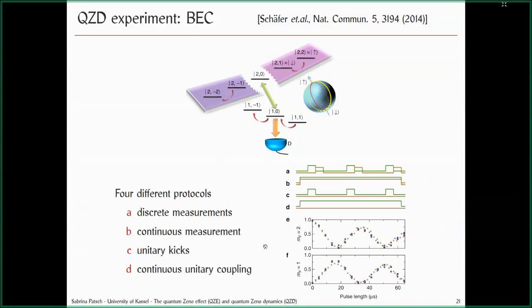Sabrina, in this case, I imagine the reason why there's no difference between the discrete cases and the continuous cases is mostly because they're doing the discrete cases fast enough. Did you do, by any chance, a comparison for different trigger rates or repetition rates?